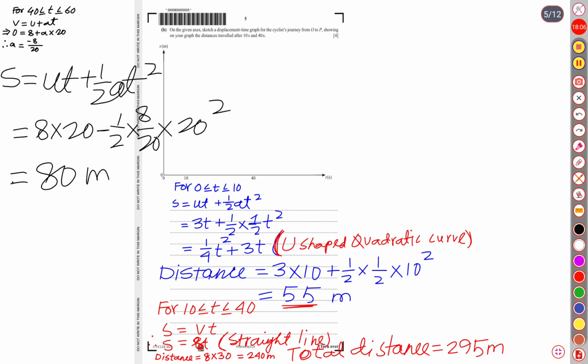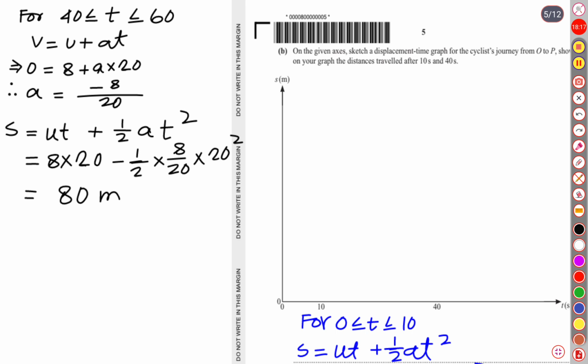This is the distance traveled in the final phase, and we will have to find, let me rewrite it taking less space. So this 80 meter was the distance traveled in the last 20 seconds, but what was the total distance? So let us write total distance.